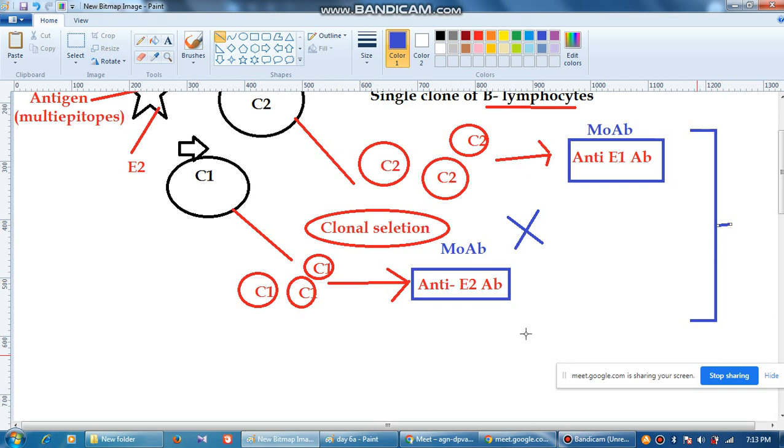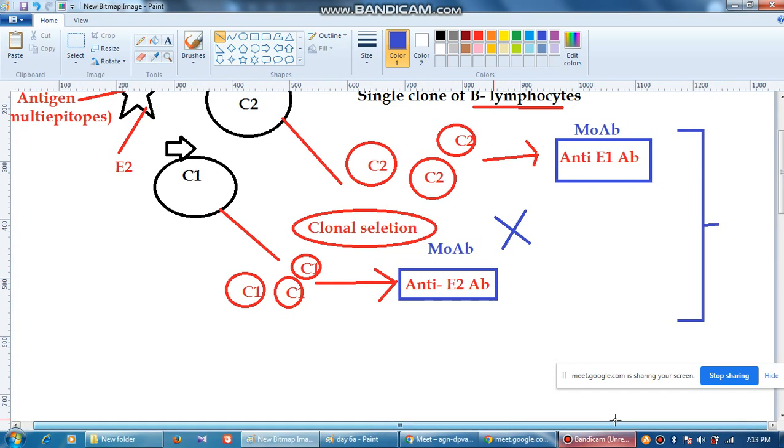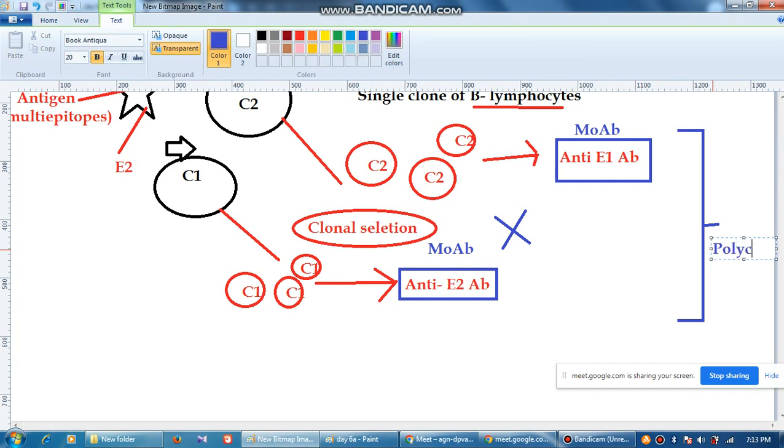We shall call this the polyclonal serum, which is present in your body.